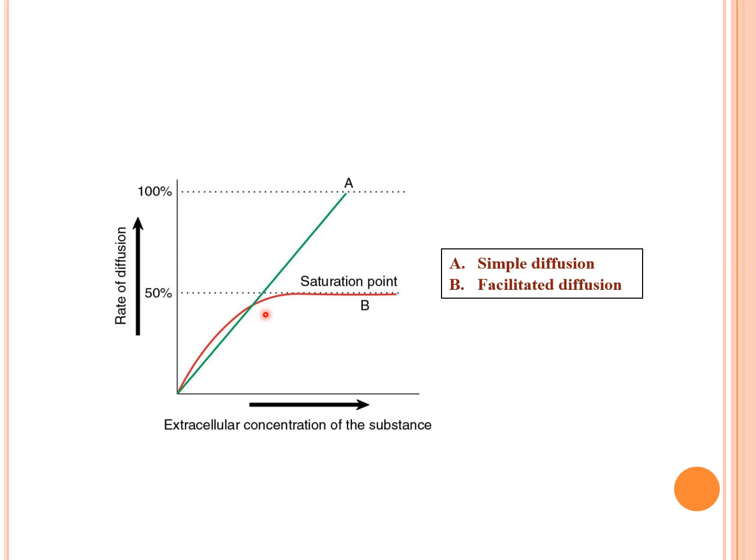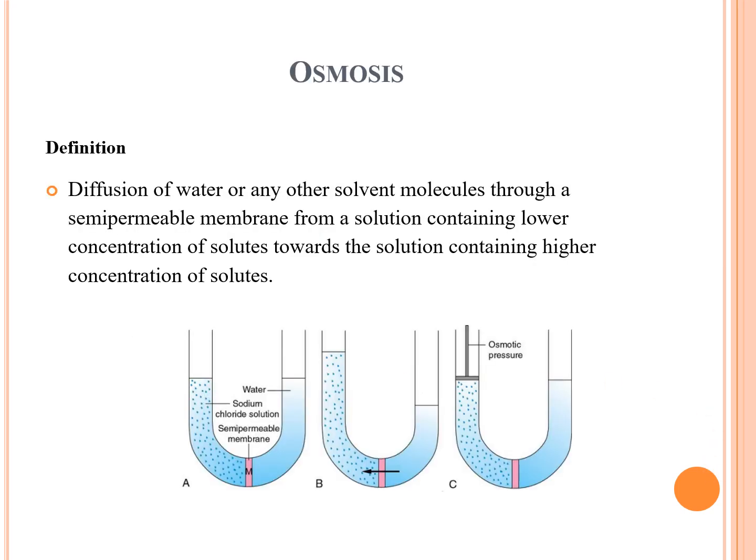It is mainly because of the carrier proteins, because the carrier proteins get saturated at some point. That is the very important reason for the saturation point. Here we need carrier proteins, and carrier proteins can get saturated. So this is facilitated and simple diffusion.